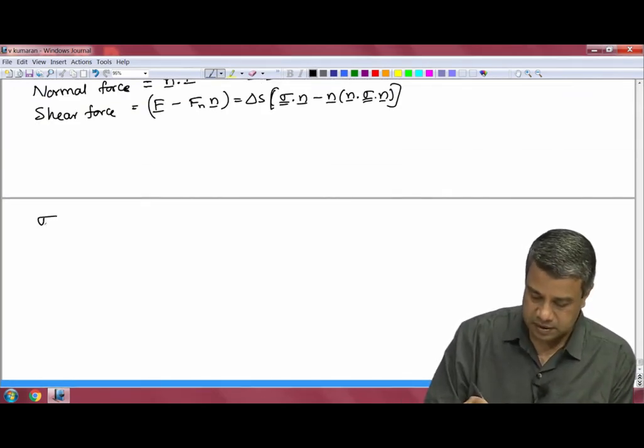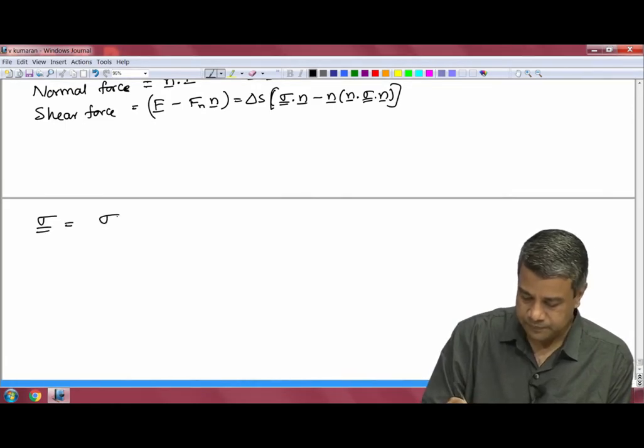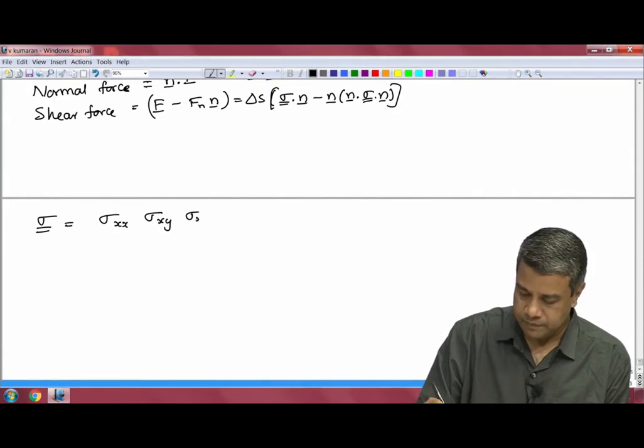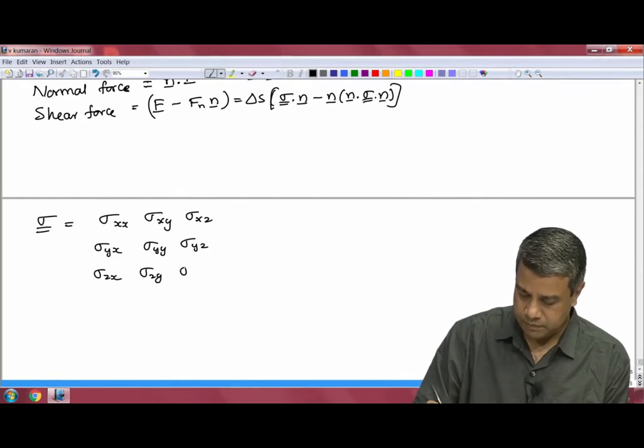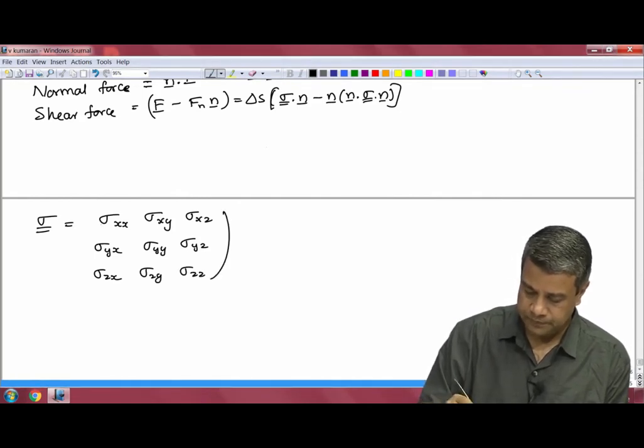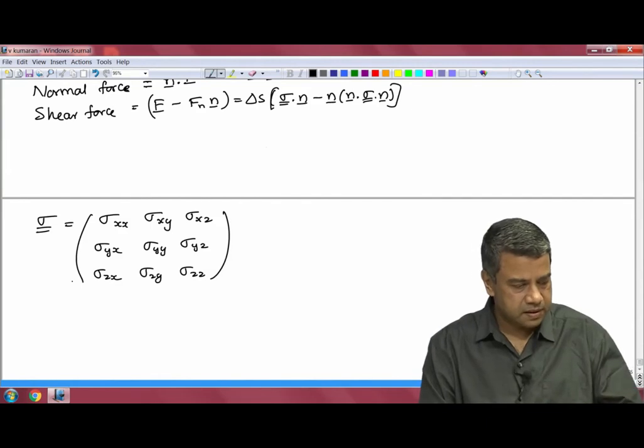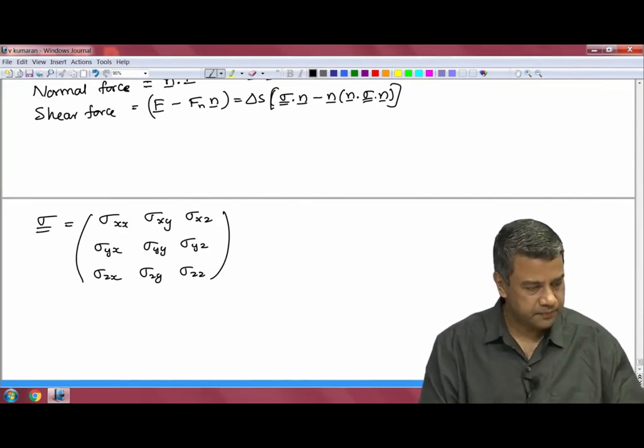And we just write it in matrix form. This is the way in which the stress tensor is traditionally written, in a matrix form.